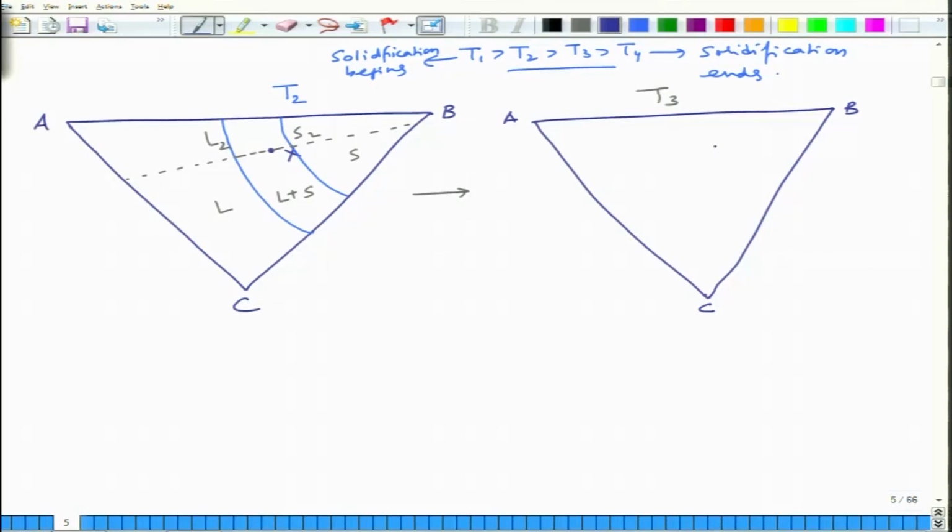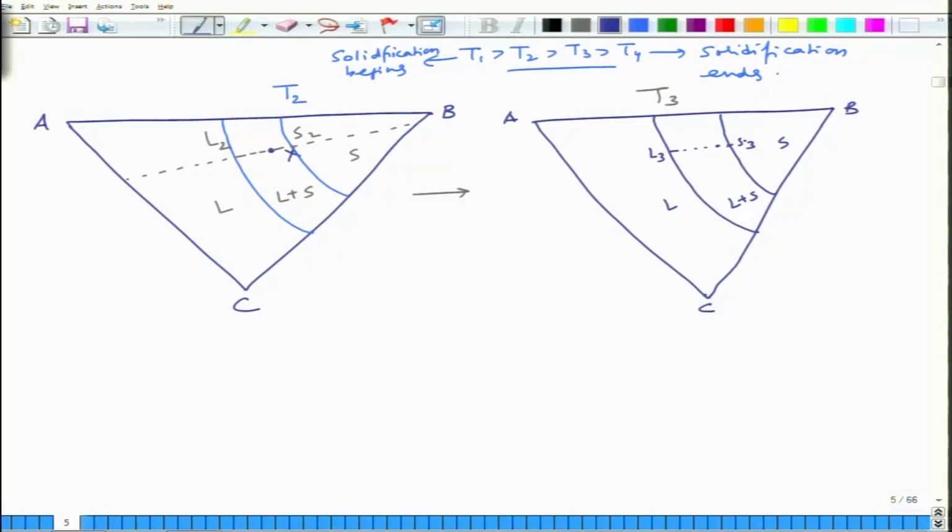So, this is your X, let us say, and the solidus is somewhere here, liquidus is somewhere here, and so your liquid region is shrinking a little bit, and your tie line may not be exactly what you see there, the tie line could be this tie line, okay. So, this is L3 S3.